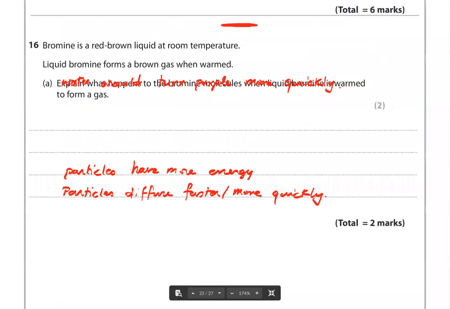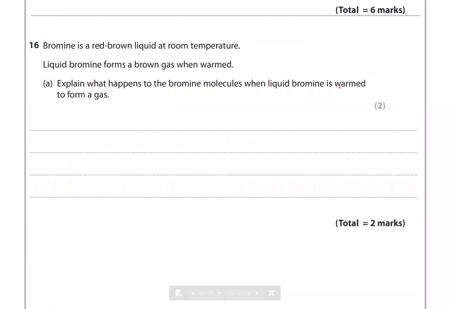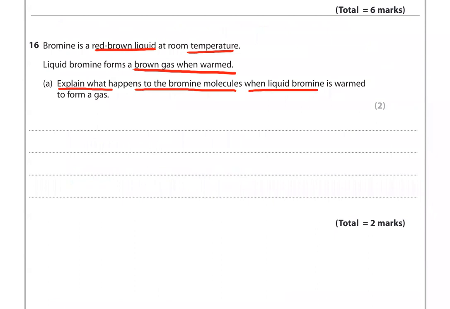Question 16. Bromine is a reddish brown liquid at room temperature. Liquid bromine forms a brown gas when warmed. Explain what happened to the bromine molecules when liquid bromine is warmed.